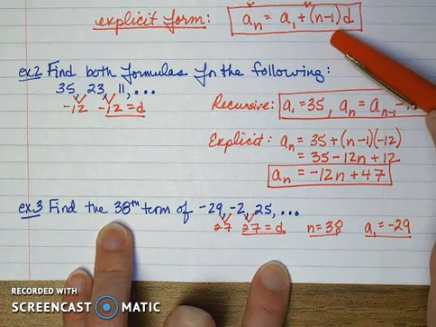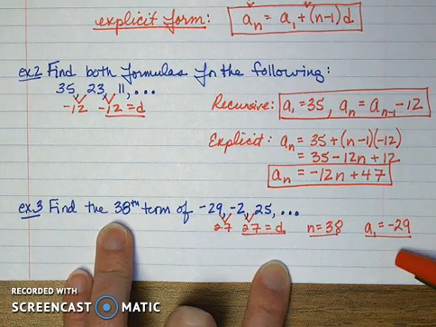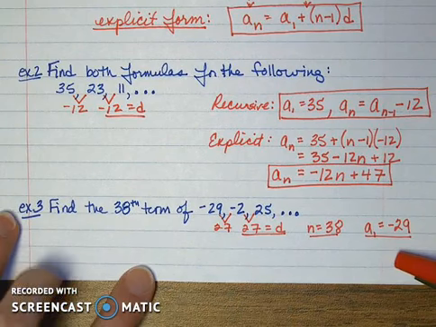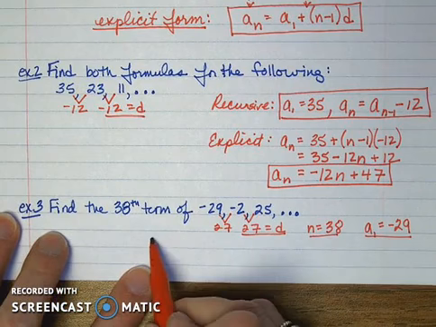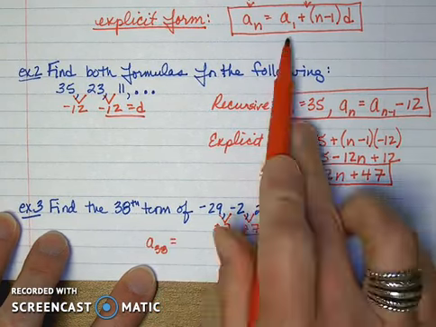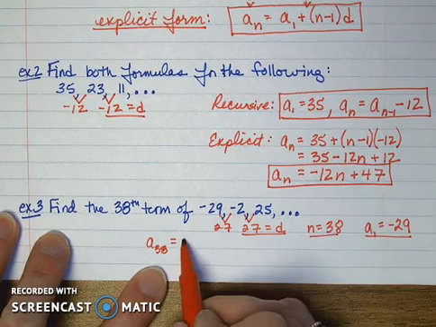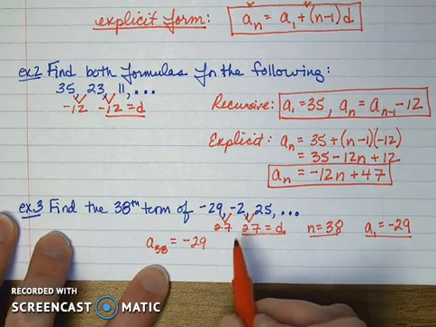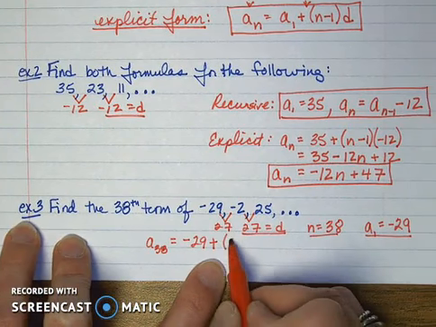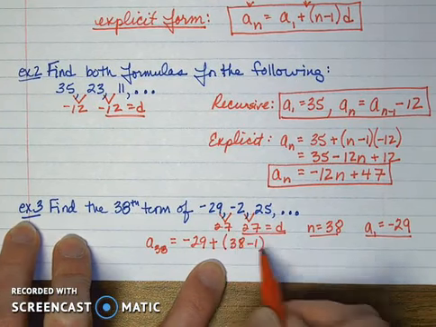So we can plug those in and find the a sub 38th term. That would be a sub 38 equals the first term, which is negative 29, plus n minus 1, which is 38 minus 1, times the d.